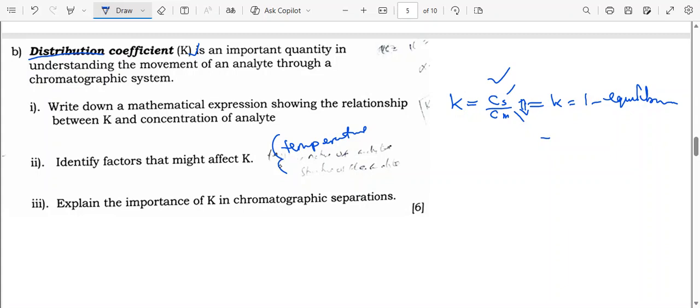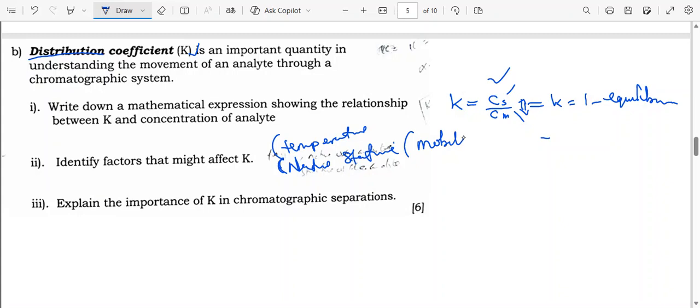What if it's affinity chromatography, whereby other compounds have been put there to attract the analyte? So the nature of the stationary phase will affect it, and even the nature of the mobile phase can also affect it.